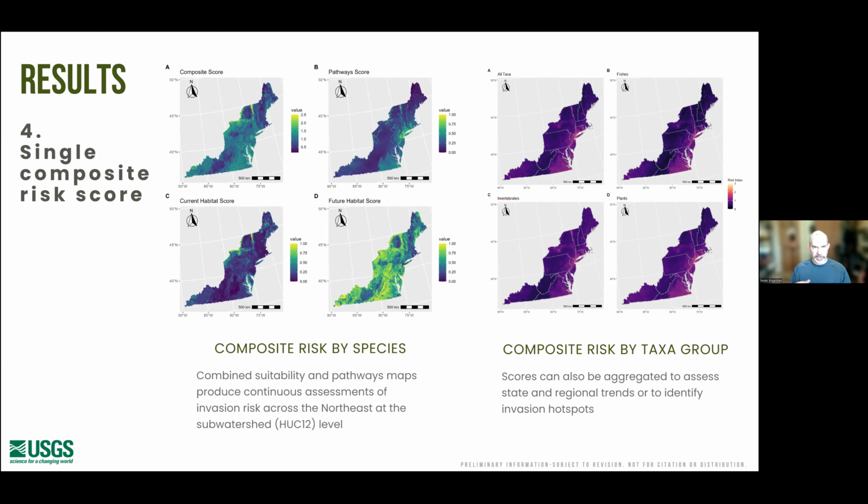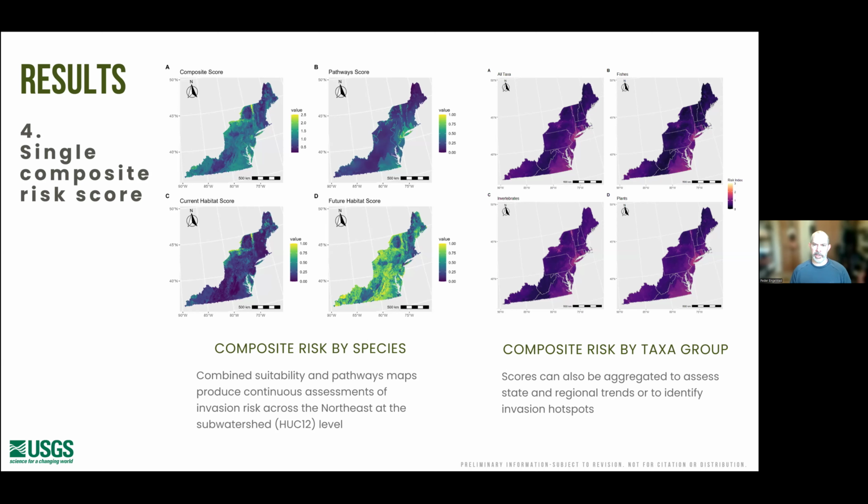You can start to see the influence of one particular score over another and how that changes over the landscape. This kind of result can be looked at at the individual species level, as you see here on the left, but it can also be rolled up into what I was alluding to earlier, like hotspot maps, looking across either taxa groups or groups of specific species of concern for a working group or maybe a multi-state task force.